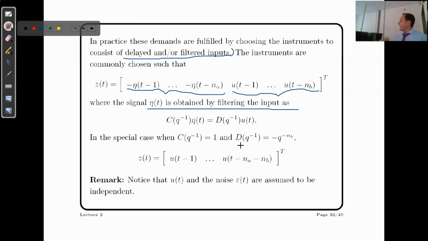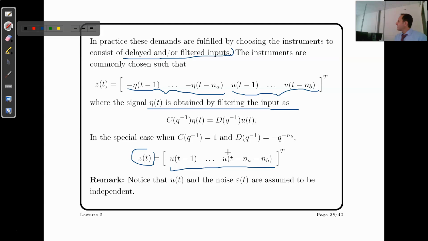The simplest way for generating the instruments is to use the same inputs. Because if you remember, Z needs to be correlated with phi, but phi contains Y, which is correlated with U, so put in the vector Z the same inputs. So this is a very simple idea.